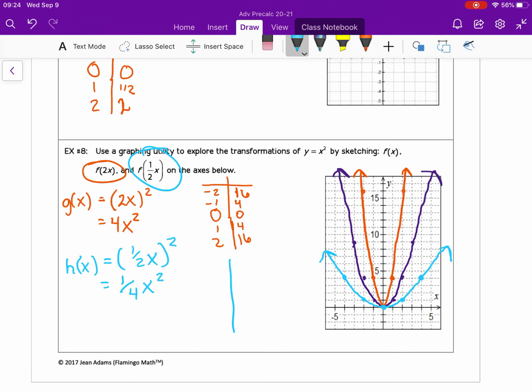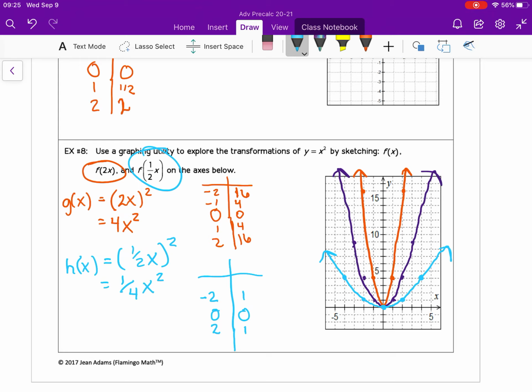The blue one, I used some different values. 0, 0 was still 0. If I plugged in 1, I got a 4th. I didn't like that, so I tried plugging in 2. So 2 squared is 4, and a 4th of 4 is 1. 3 squared gave me 9. 9/4 is not pretty.